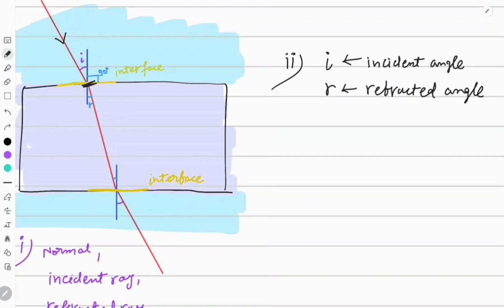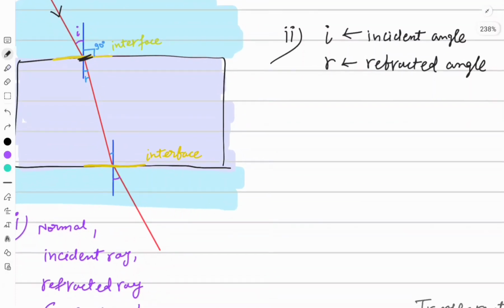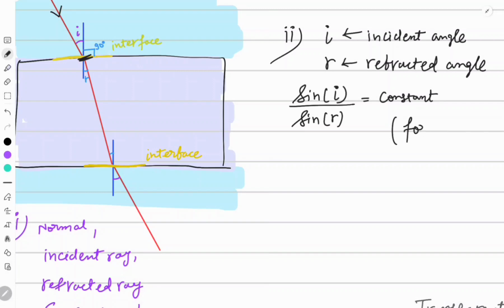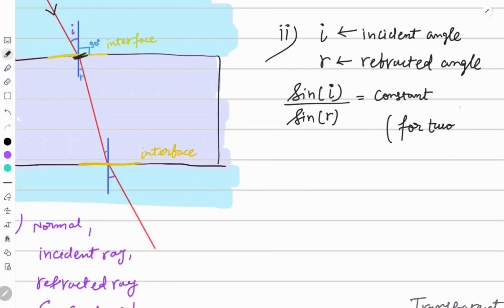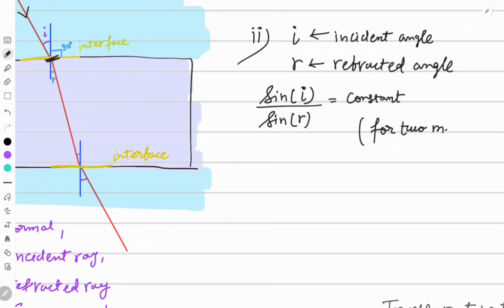Now, what is the relation that we find? It is quite fascinating: sine of I divided by sine of R is equal to a constant for two media, or a pair of media.